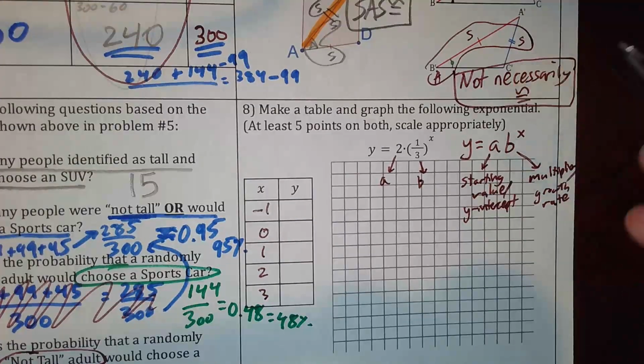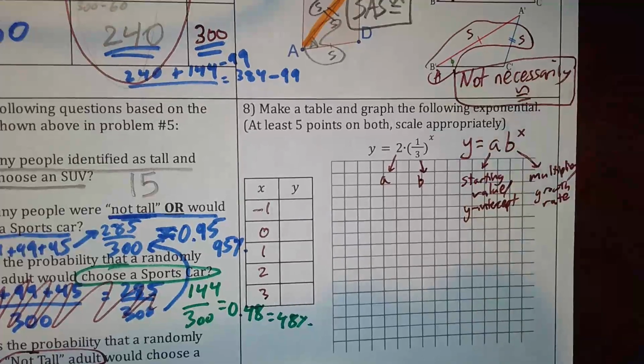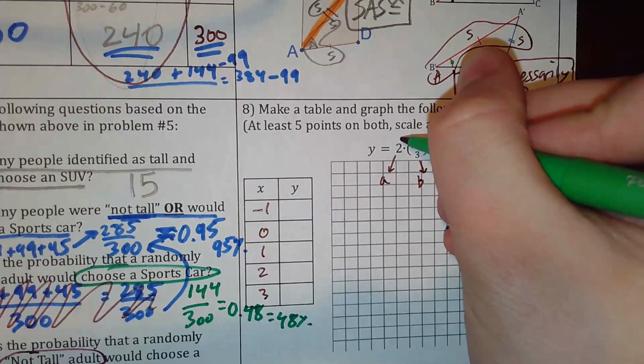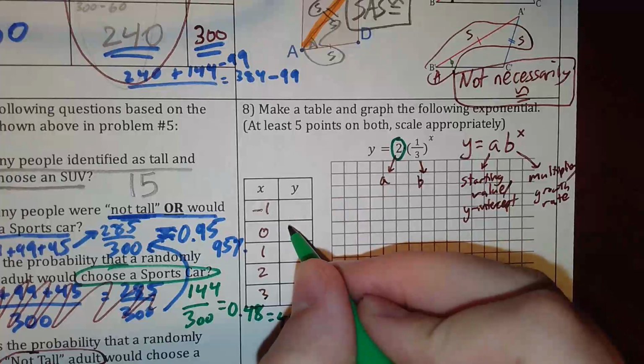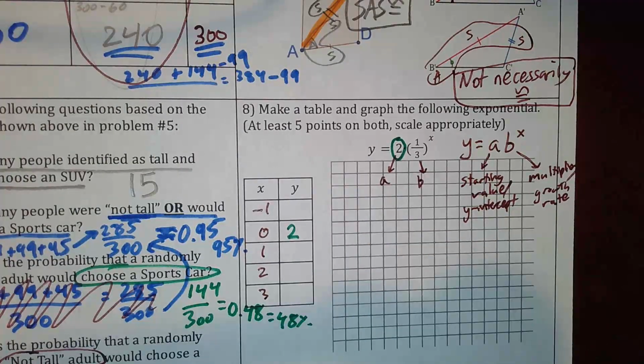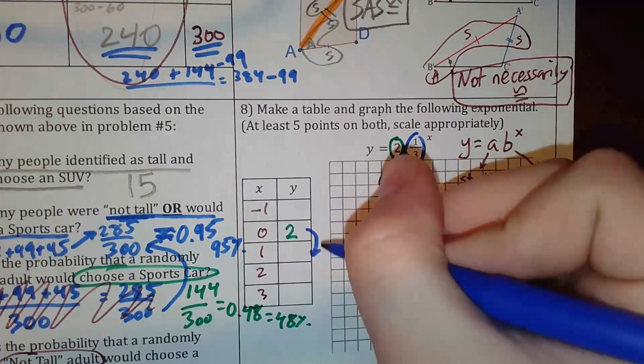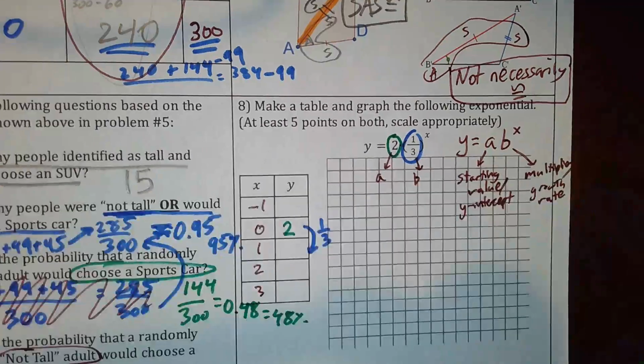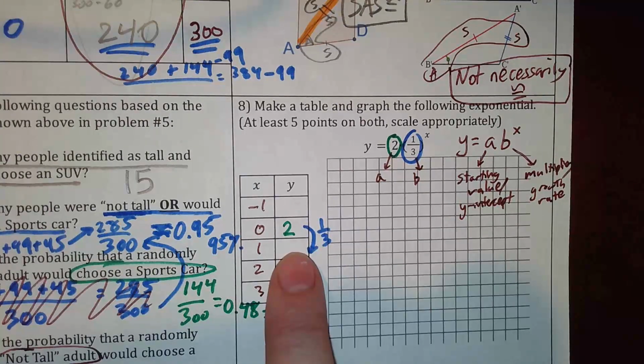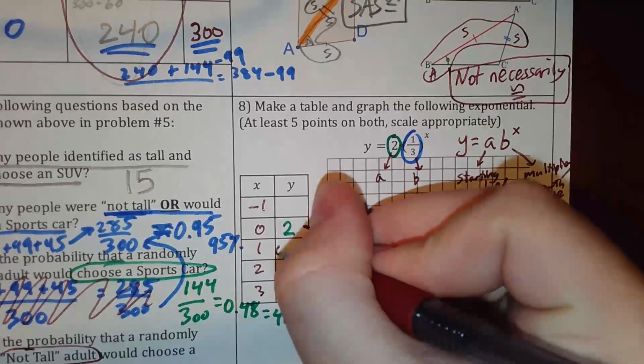The starting value is always at x equals 0, so the starting value is 0, 2. Our multiplier is 1/3, so I need to multiply by 1/3. What is 2 times 1/3? It's approximately 0.6666.